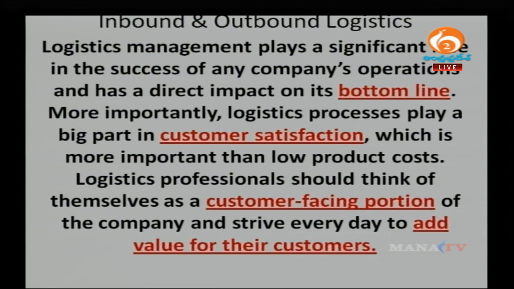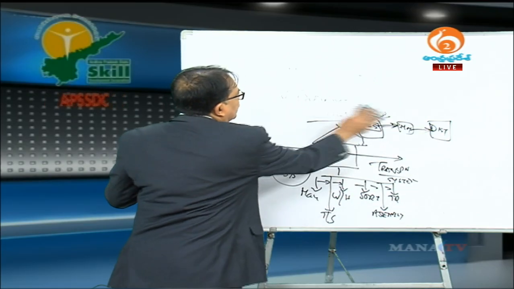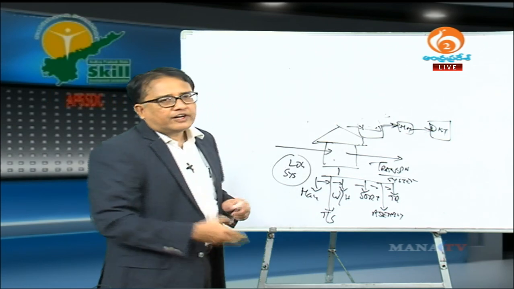Logistics management plays a significant role in the success of any company's operations and has a direct impact on its bottom line. More importantly, logistics processes play a big part in customer satisfaction, which is more important than low product cost. Logistics professionals should be customer facing, customer oriented, and should add value for their customers. So, if you see students, there are a few words which are extremely important over here, which have been written in red, and what are they?